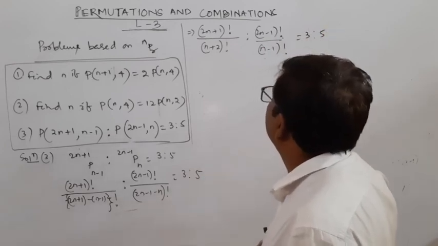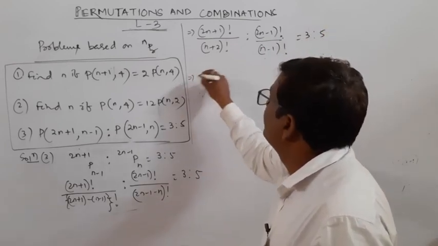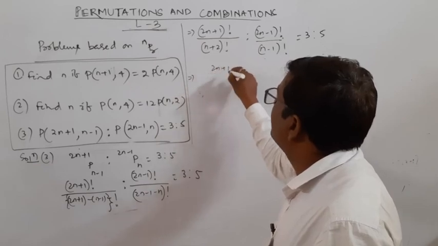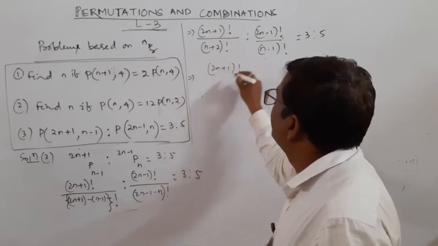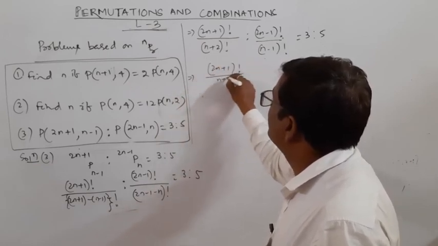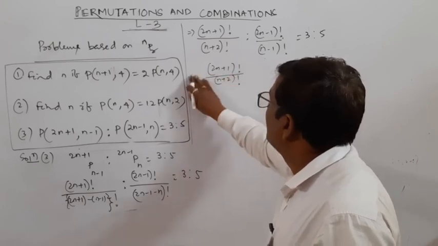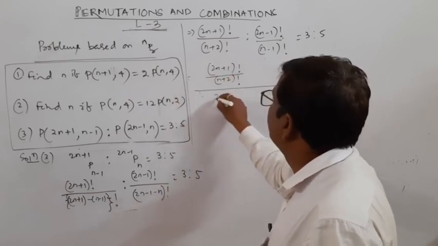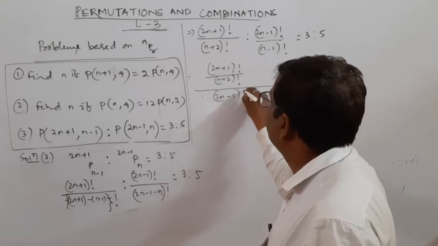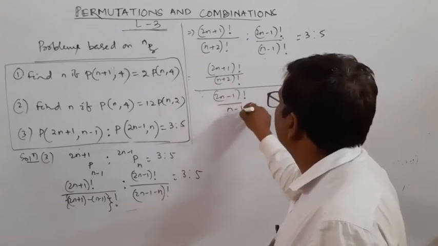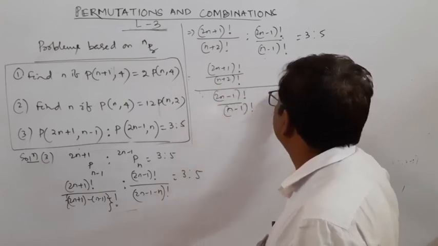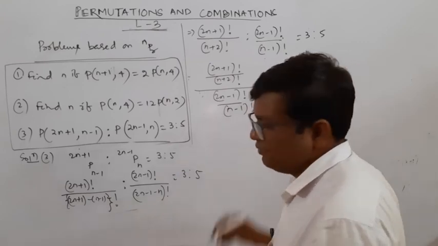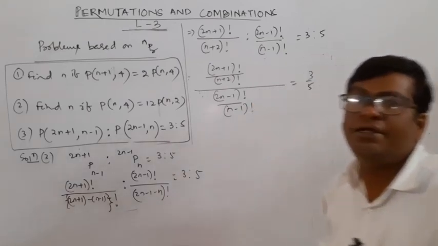You can write (2n+1) factorial by (n+2) factorial, whole divided by (2n−1) factorial divided by (n−1) factorial, is equal to 3 by 5.